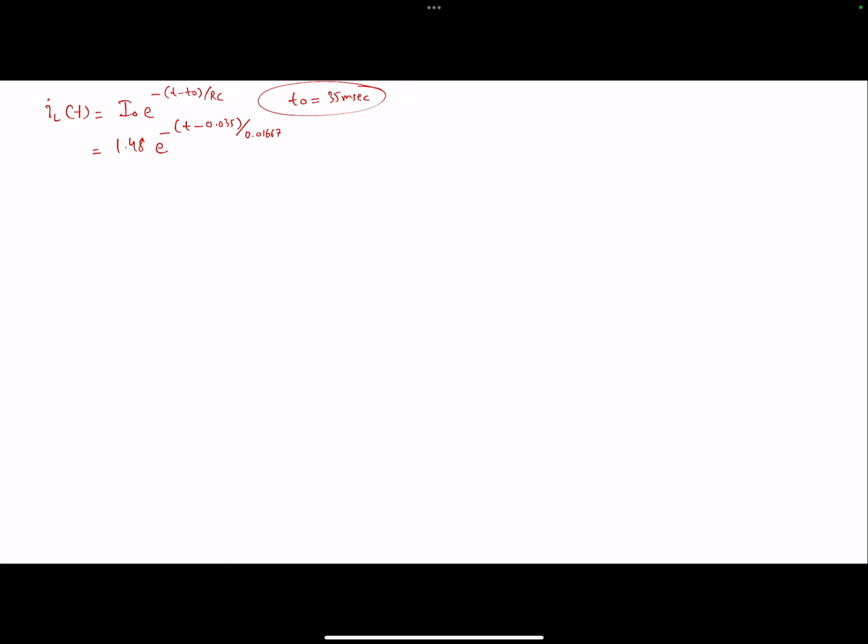So once I do that, I can further solve it and reduce this equation to 1.48 e raised to power minus 60 times (t minus 0.035) amperes. Again, this is for t greater than or equal to 35 milliseconds.